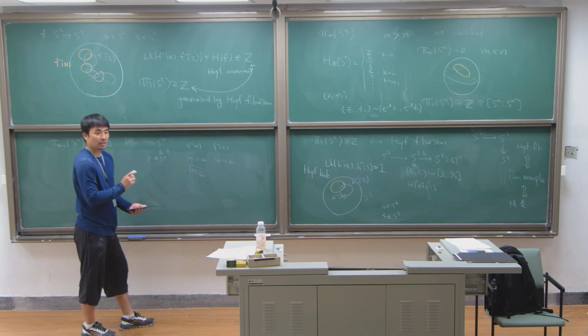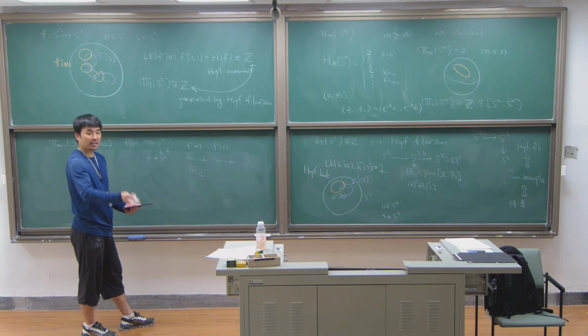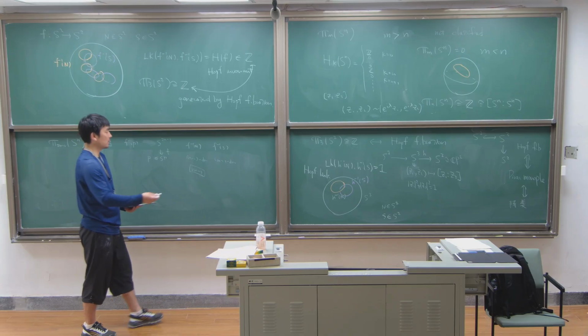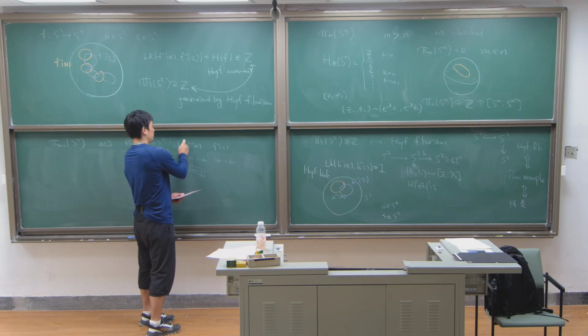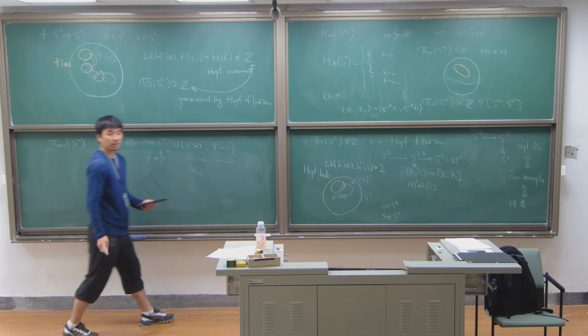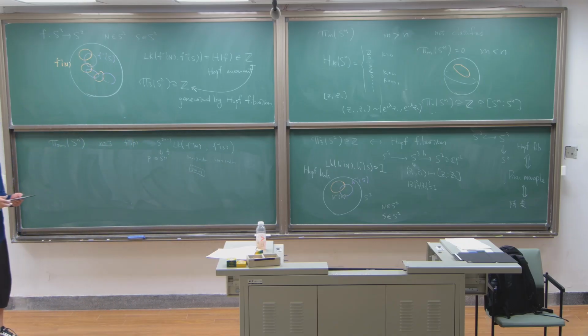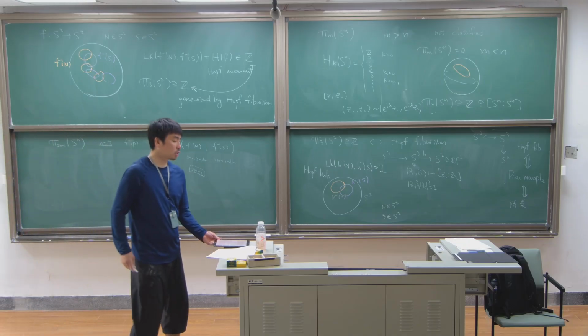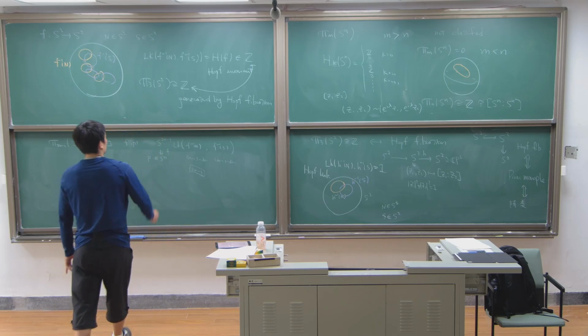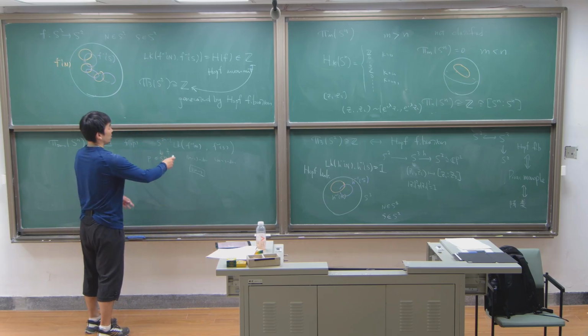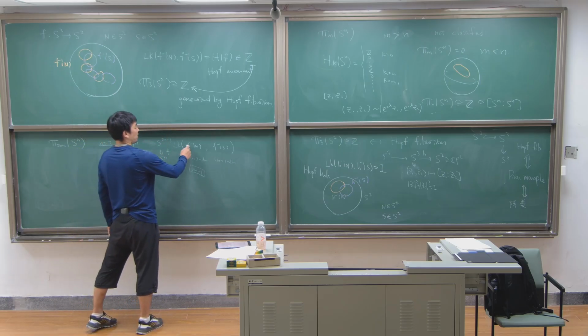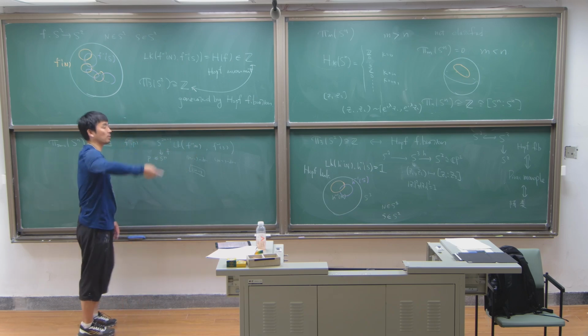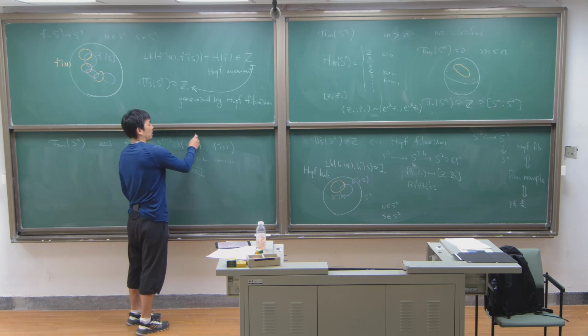Therefore, you can consider linking number inside here. Inside the 2n minus 1 sphere, F inverse of n is a bunch of disjoint union of S n minus 1, and likewise for the south pole.